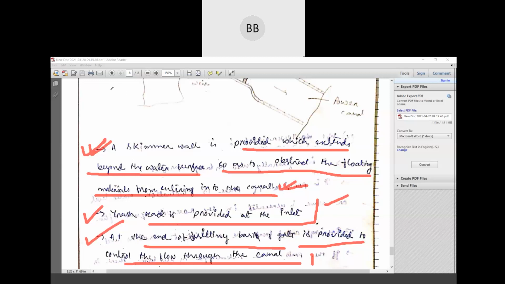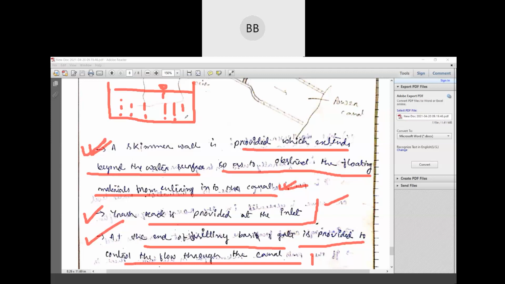So I think all of you know what a desilting basin is. This basin is used to remove silt. When the water flows into that basin, they trap the water for some time so that the silt particles, the heavy silt particles, get deposited at the bottom of the basin.